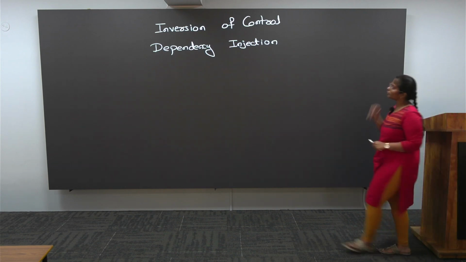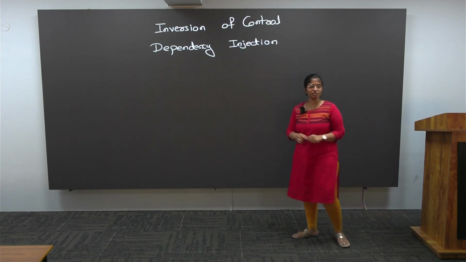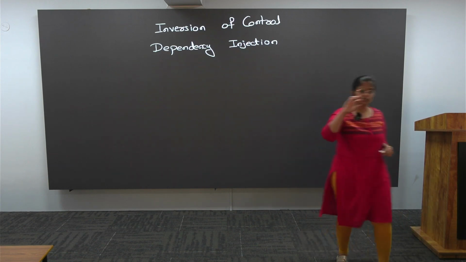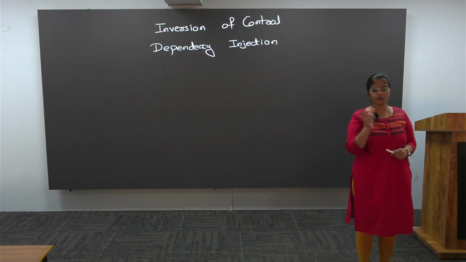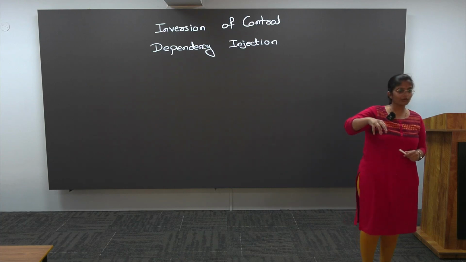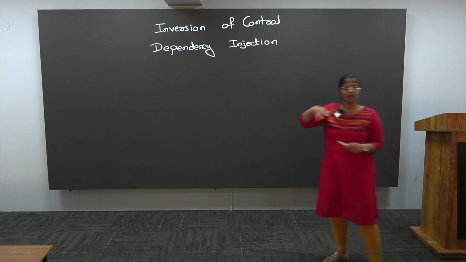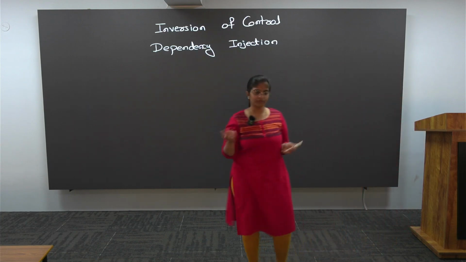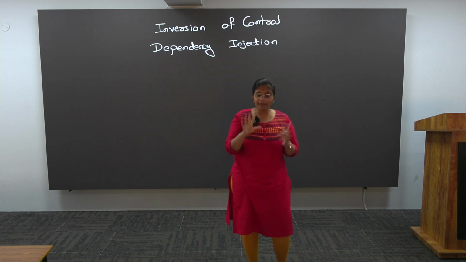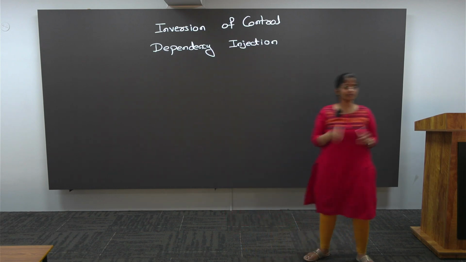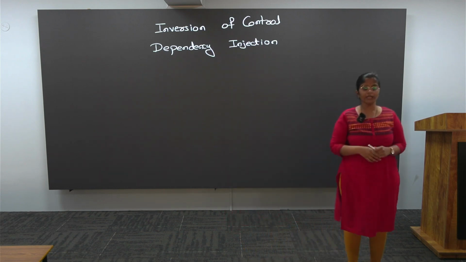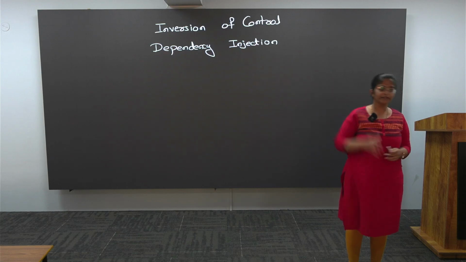Now what is this inversion of control? What is this dependency injection? As the name itself says, control means someone is controlling. For example, in your home, the father is controlling the whole home; that is called control. But inversion of control means, for example, your father and mother have gone out.